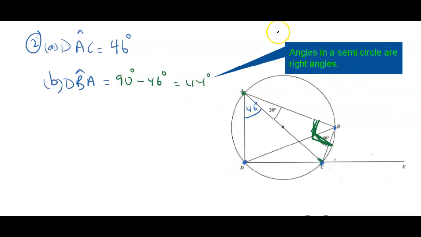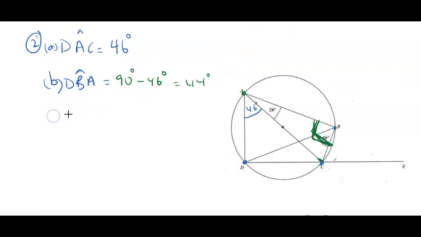Now, let's move on to the last part. The third part says we need to find angle BCE. So B to C to E is actually here, right? This angle here. Now this one, I may have to use the rule with exterior angles in a cyclic quadrilateral.